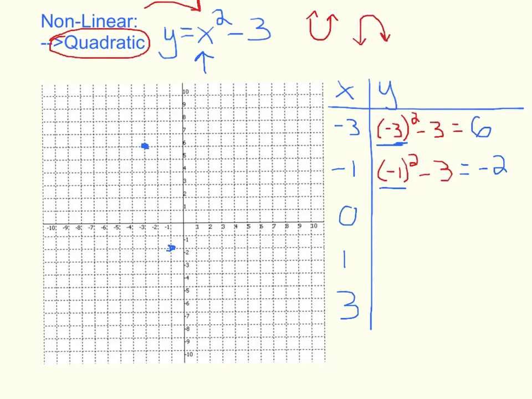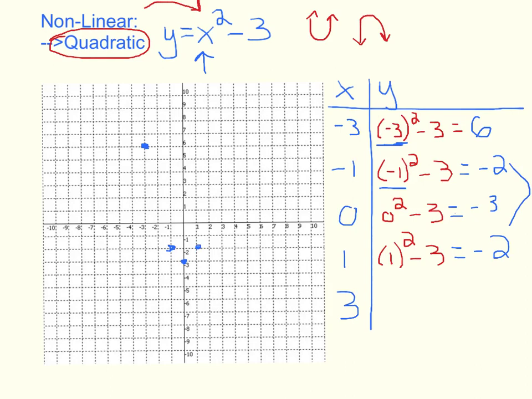If you plug in 0, 0 squared is just 0, minus 3 is negative 3. If you plug in 1, 1 squared is 1, minus 3 is negative 2 again. So here we have the same number showing up again. Over 1, down 2.